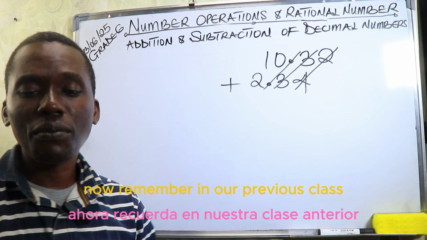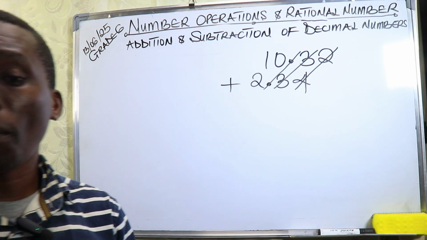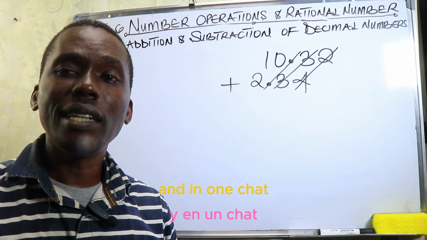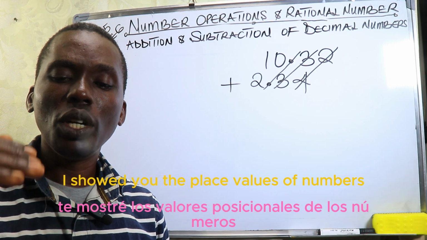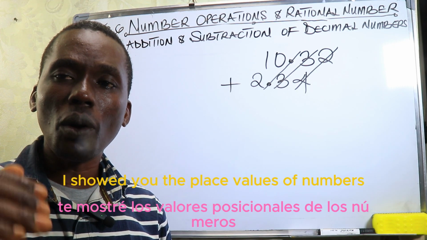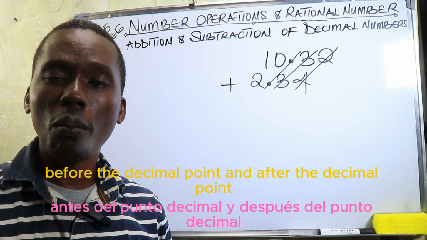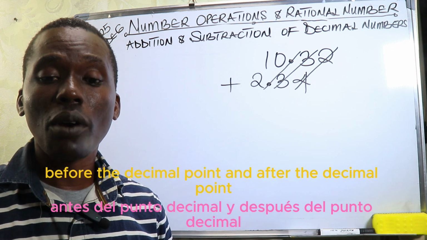Now, remember in our previous class, we discussed the decimal place value, and in one chart, I showed you the place values of numbers before the decimal point and after the decimal point.